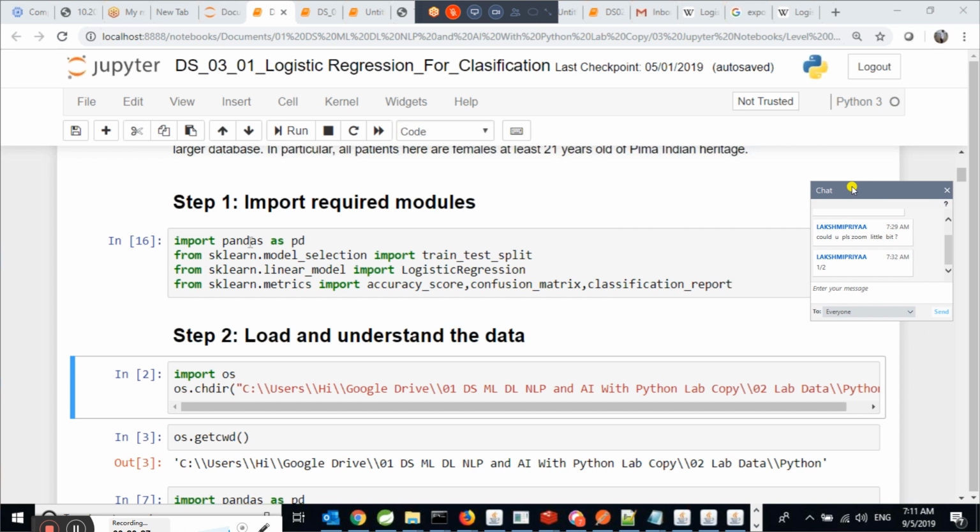What are the required modules? Pandas, train test split, logistic regression, accuracy score, confusion matrix, and classification report are required. Got it or not?